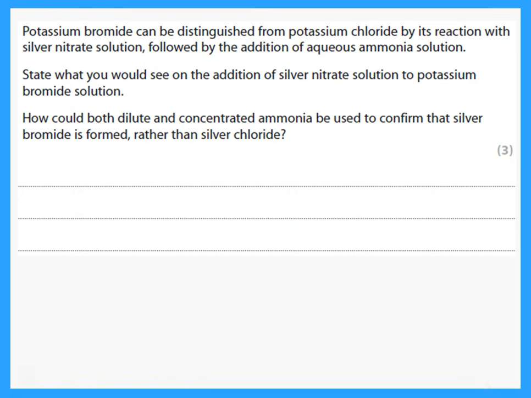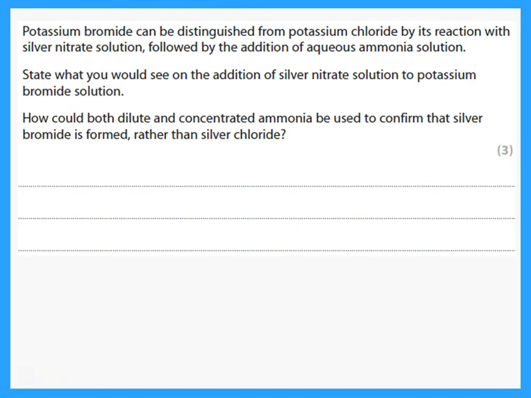This question says potassium bromide can be distinguished from potassium chloride by its reaction with silver nitrate followed by addition of aqueous ammonia solution. State what you would see on the addition of silver nitrate to potassium bromide. How could both dilute and concentrated ammonia be used to confirm that it is bromide rather than chloride?